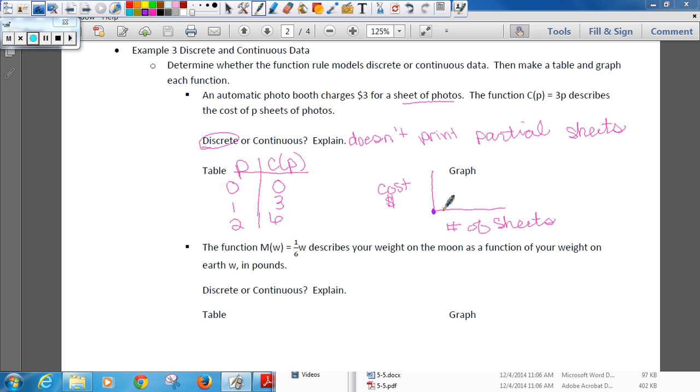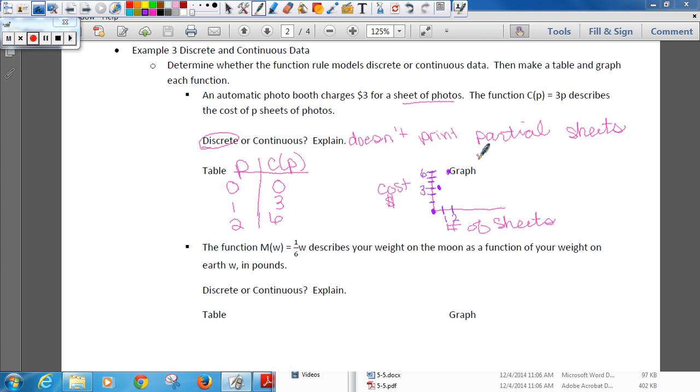Then we have 1, 2, 3, 4, 5, 6. These numbers are small enough that I would suggest going by 1. So you have 0, 0, 1, 3, and 2, 6. Because it will not print off a partial sheet, you leave it like this and you do not connect it with a line.